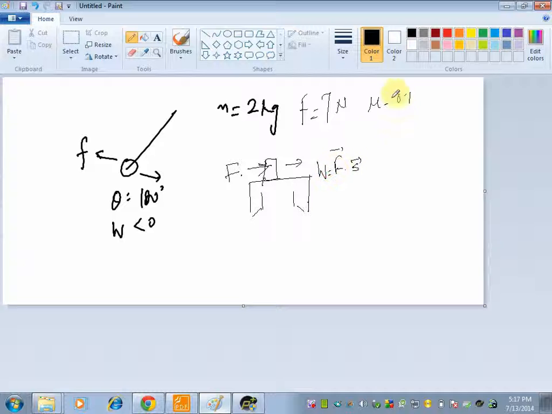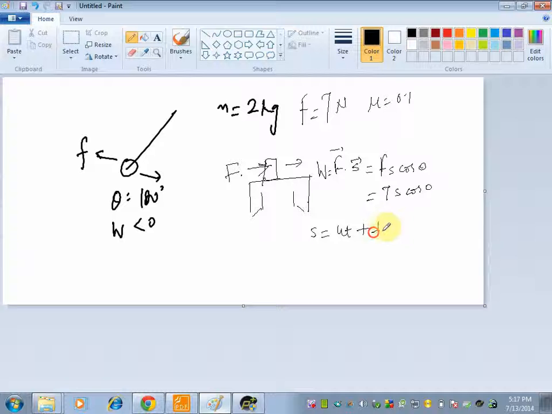This will be our work done, which is Fs cos theta, which is 7 into s into cos 0, because the direction of displacement and force are the same, so theta is 0. But I don't have s, so I have to find s.